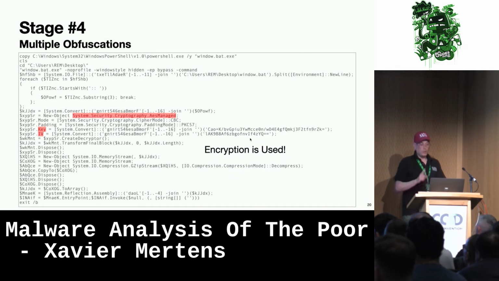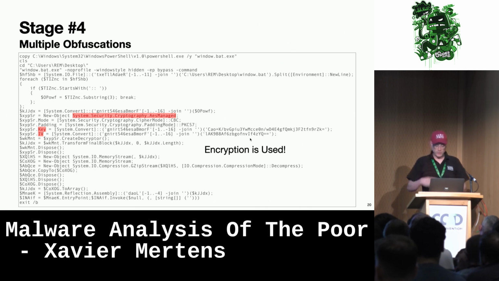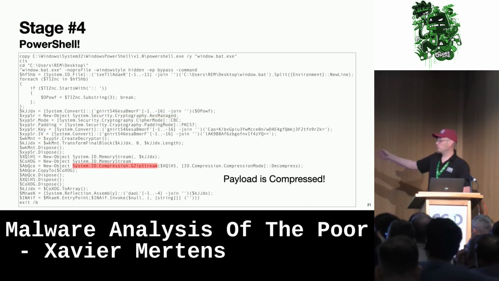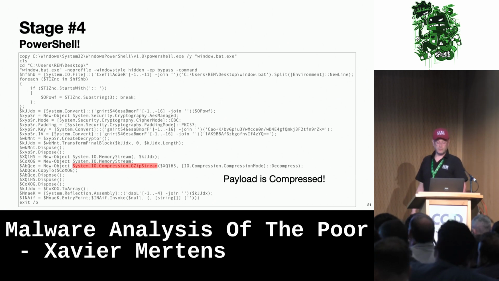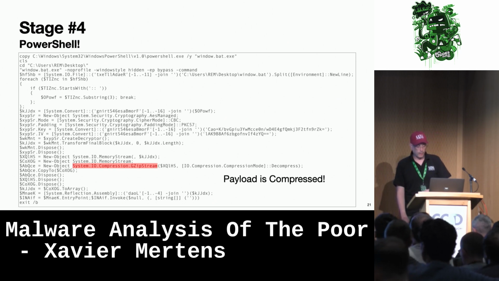So we have encryption, we have the PowerShell that has been renamed, we have the reverse of interesting strings. What we have also, an extra bonus, the payload is compressed. If you can reduce the size of your payload and you can also obfuscate it a bit better, why not? But where is this payload?